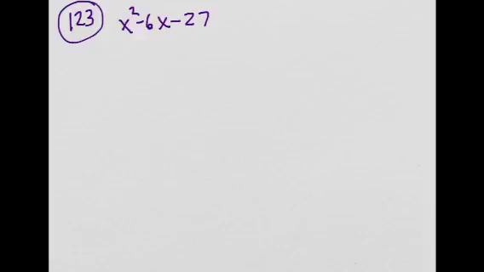So first thing we do is you multiply these two. So this gives us negative 27x squared. And then we bring down the x squared. We bring down the negative 27. And then we ask ourselves, okay, factors of negative 27 that add up to negative 6. So what are factors of negative 27 that add up to negative 6?